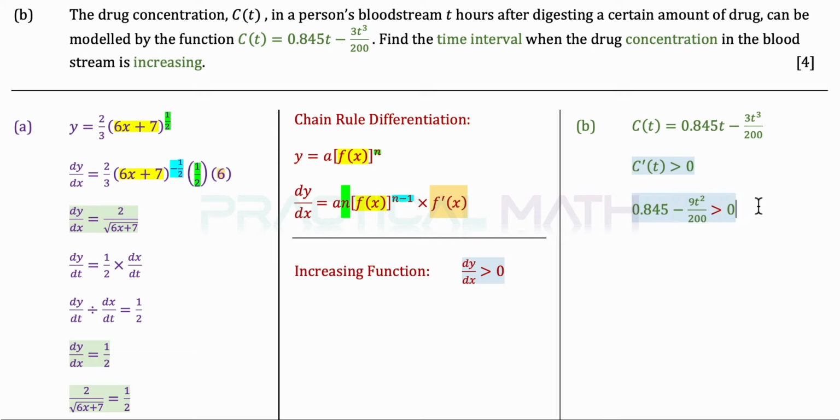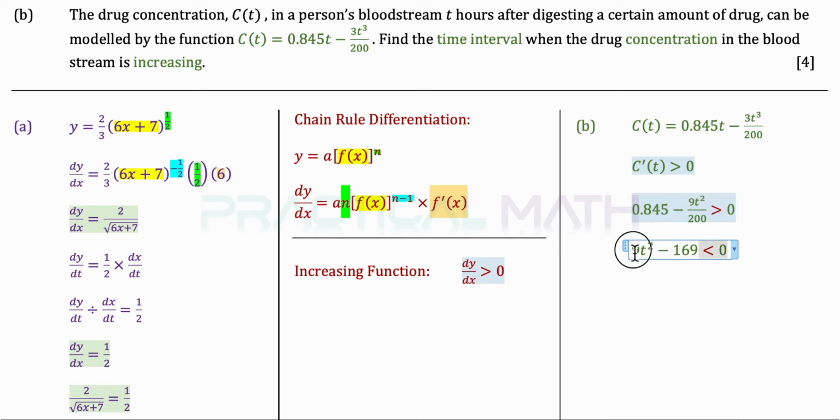Now in the next step, I'm going to multiply by negative 200 throughout this entire inequality. When you multiply by a negative number, we need to flip from greater than to less than. So multiplying by negative 200 should give us negative 169, and 9t squared, and the greater than is now flipped to less than.